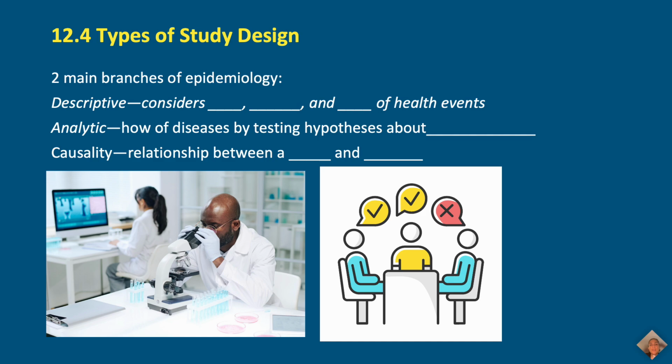When we think of descriptive, this is really looking at who is having that, the population, right? And there is a big push on this causal relationship. Knowing the cause is the thing that wins the Nobel Prize.